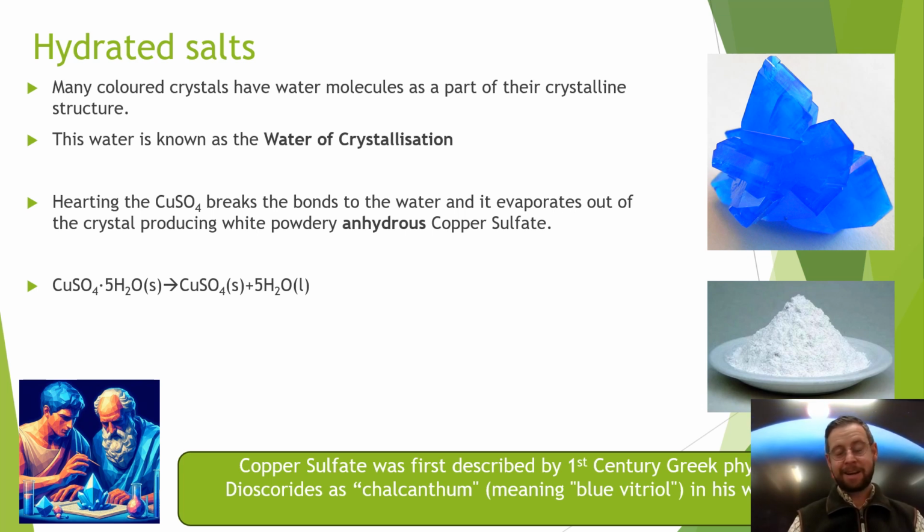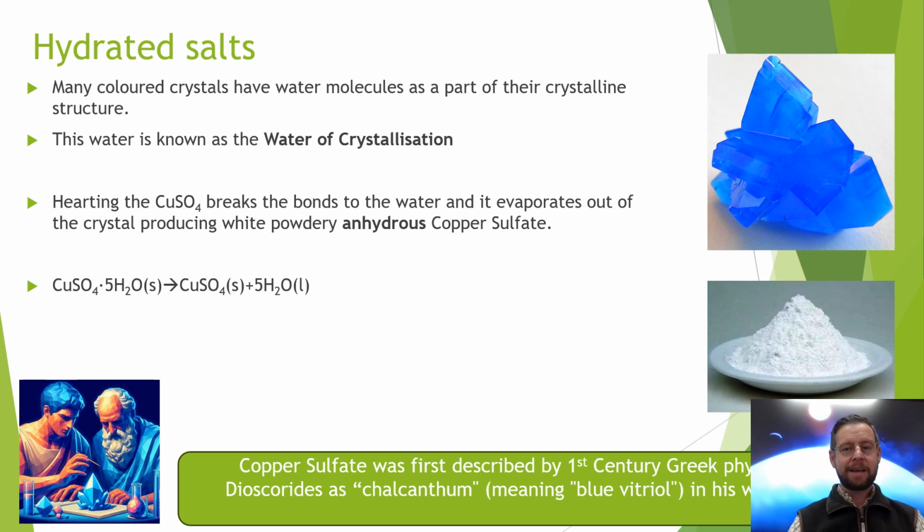Dioscorides first described, as far as we know, a chemical that he called chalcanthum, which basically means blue vitriol, which is our good old friend copper sulfate, a gorgeous blue crystal. Now, it turns out with most crystals, to maintain that crystalline shape, there needs to be some water molecules trapped within the crystal structure.